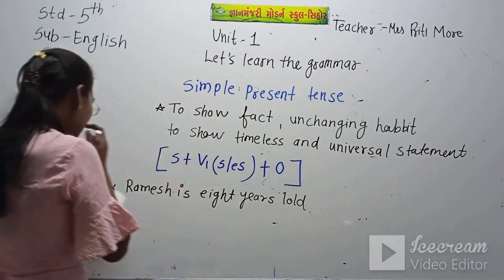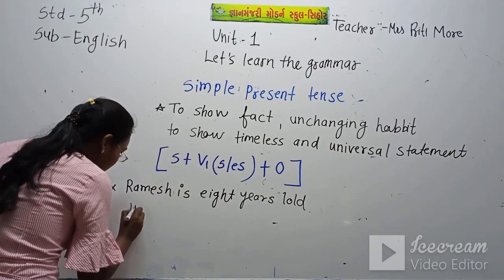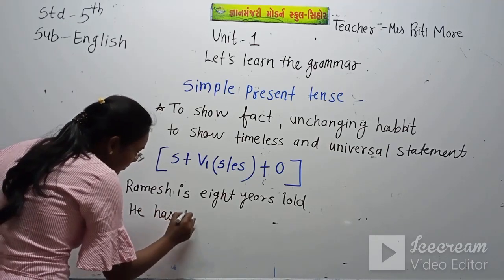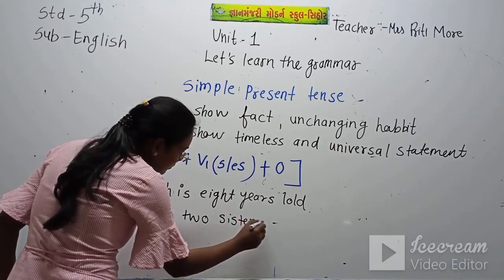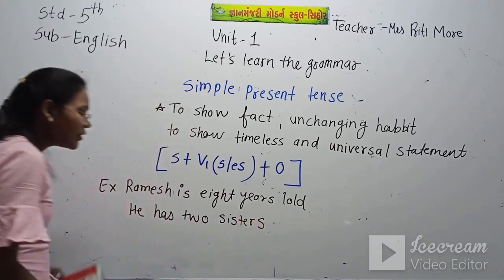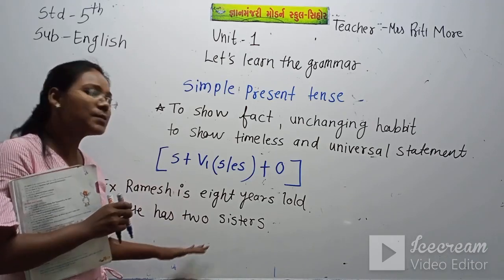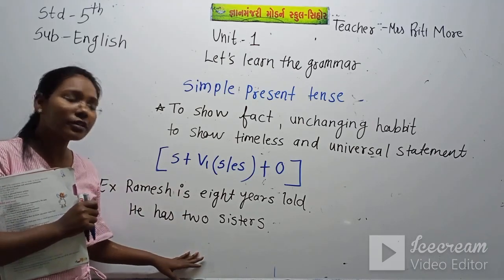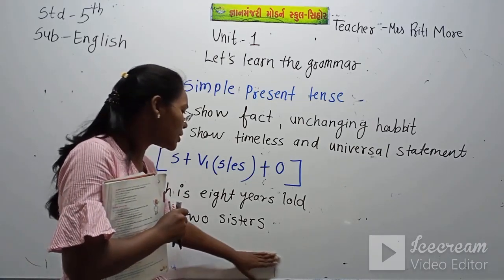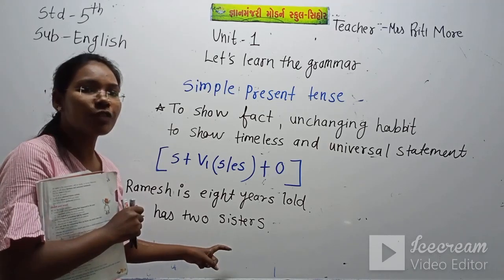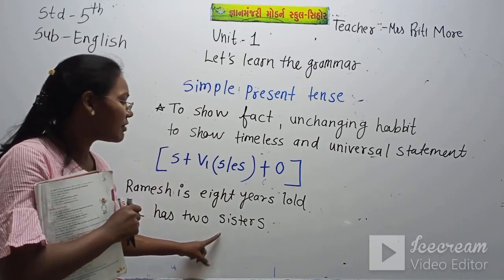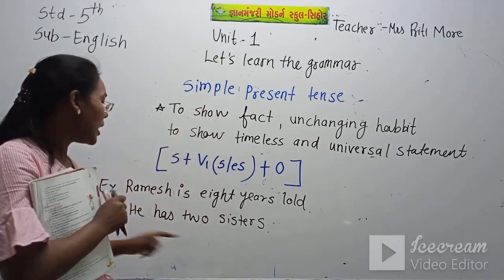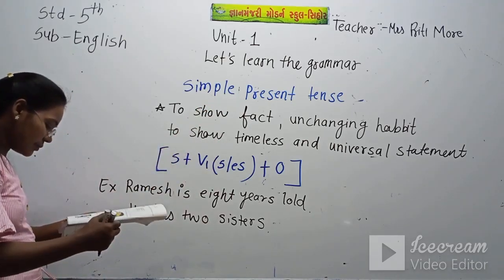And he has 2 sisters. We cannot decrease or increase the number of sisters. So this is also a fact which we cannot change. For the unchanging fact we use the simple present tense.